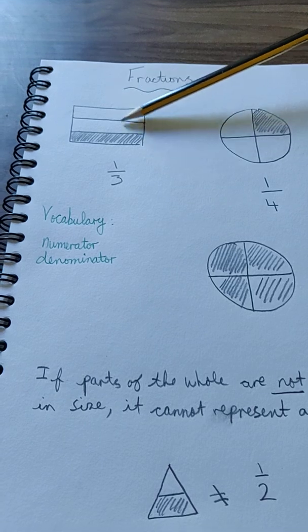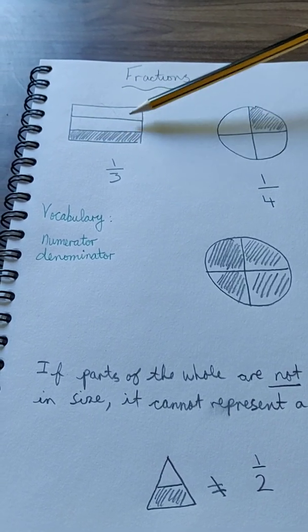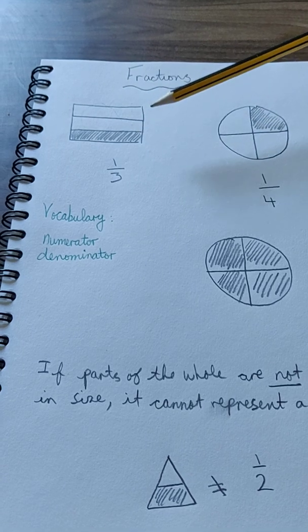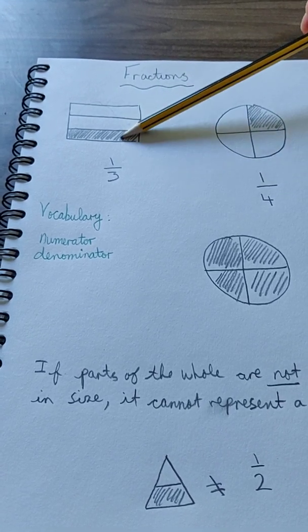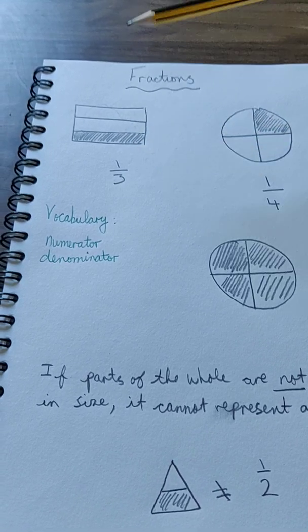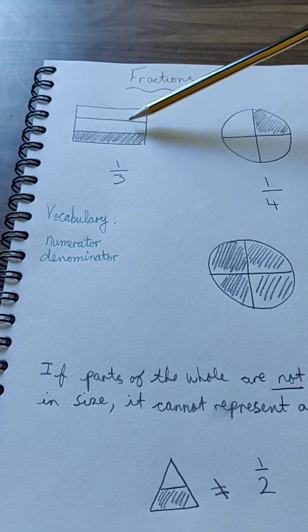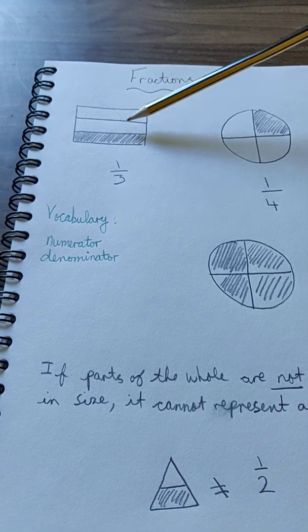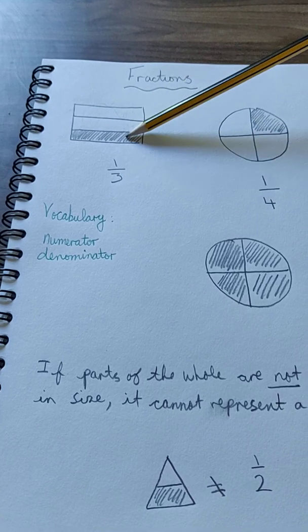In this particular representation of this rectangle, I split it up into three smaller rectangles. You can probably see that. Now, they have to be of the same size. If they're not of the same size, I could not say that these are thirds in this case, because they're 1, 2, and 3. If this was bigger than the rest, I could not say that is 1/3.